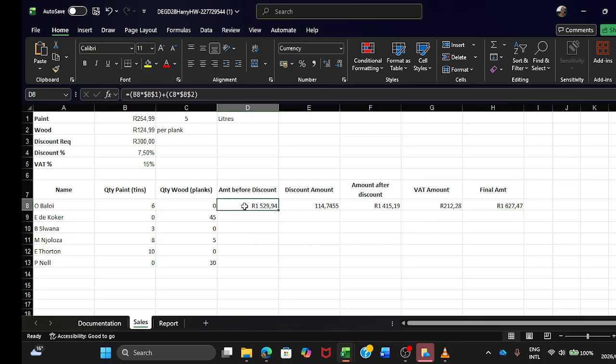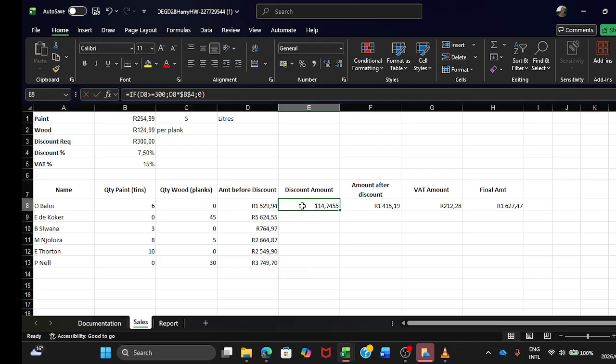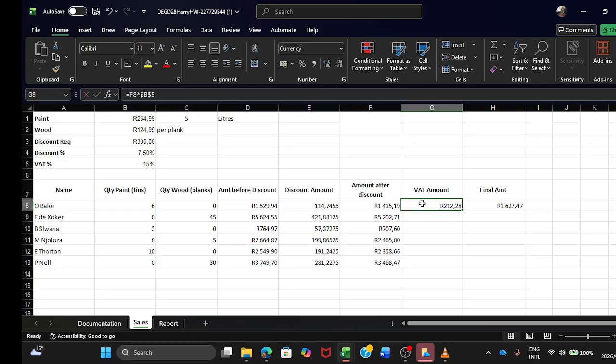Okay, so since we have this, then just going to be copy and paste to the bottom. Paste, then copy and paste, and then copy and paste, and then copy and paste.